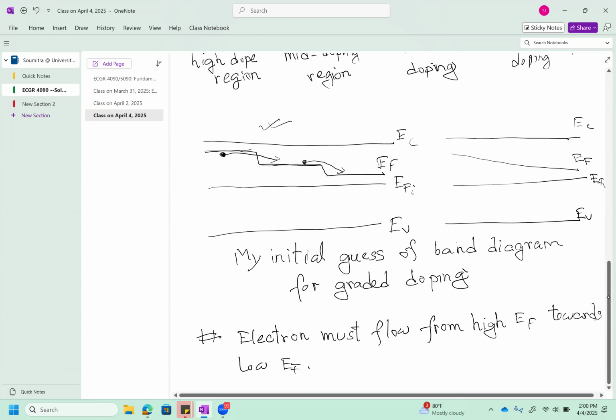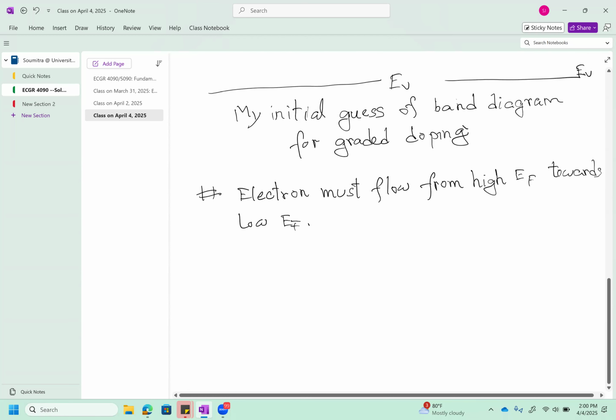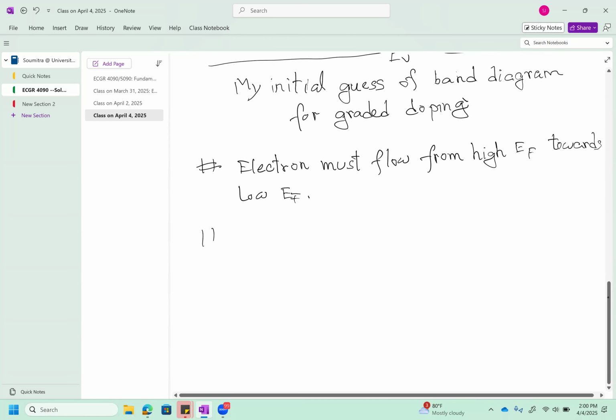So in the stable state, since there is no flow of electrons, that means in the stable condition, EF must be the same all through the material. Okay, so I'll write the second part, which is also very important.